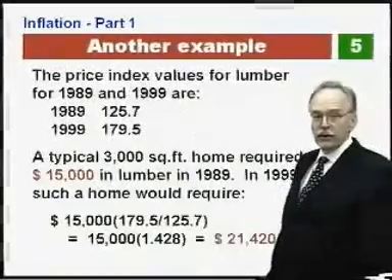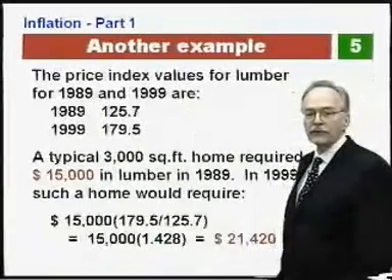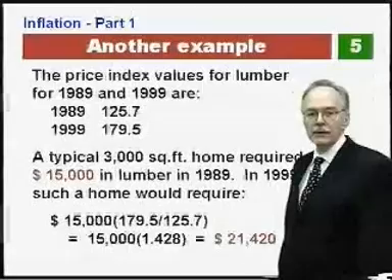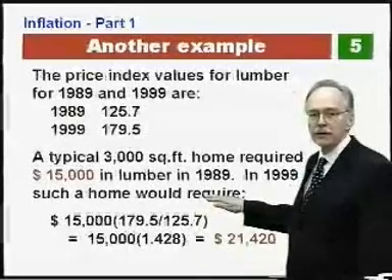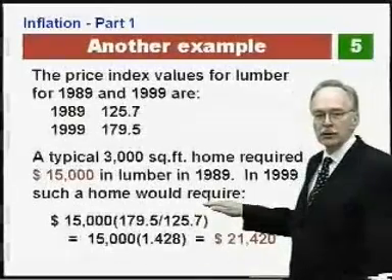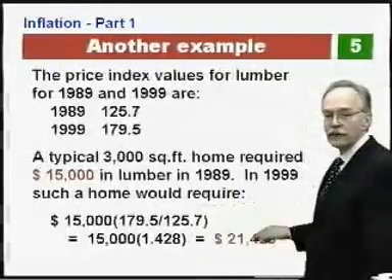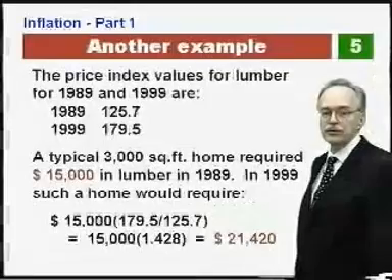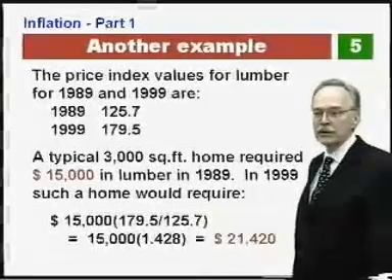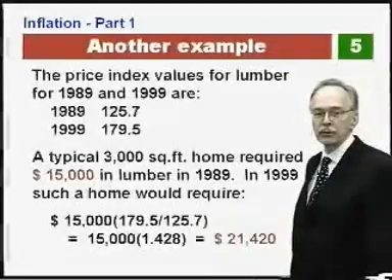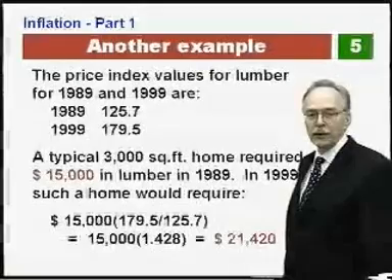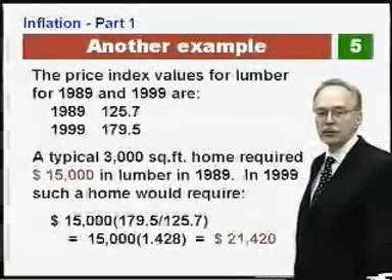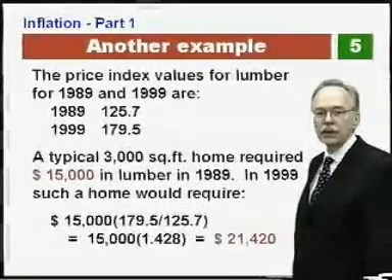Let's imagine that a typical 3,000 square foot home required $15,000 of lumber, that's raw material lumber, in 1989. And we want to know how much lumber that house would require if it were constructed in 1999 using the same building practices, same quality of construction? That may be hard to find today because everybody's using particle board instead of real wood. But let's imagine that we can still find somebody building a home in 1999 to the same quality, the same materials as in 1989.